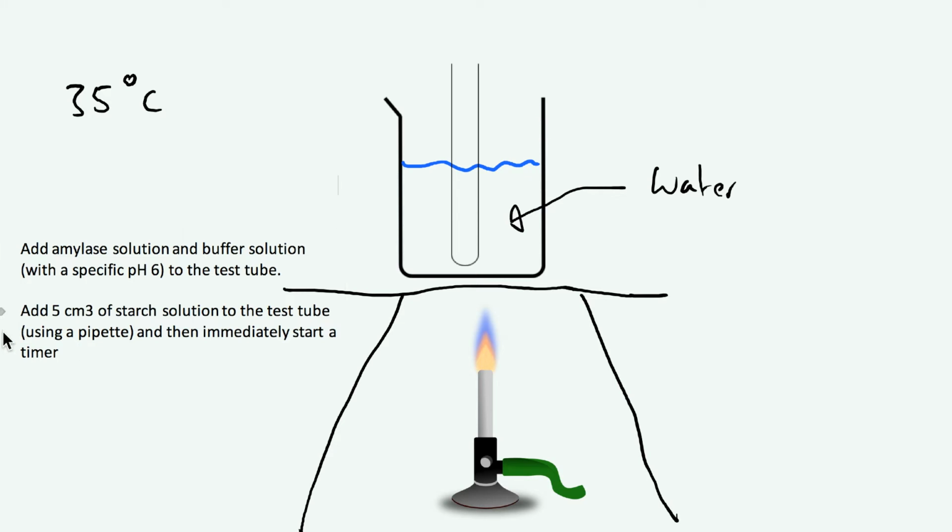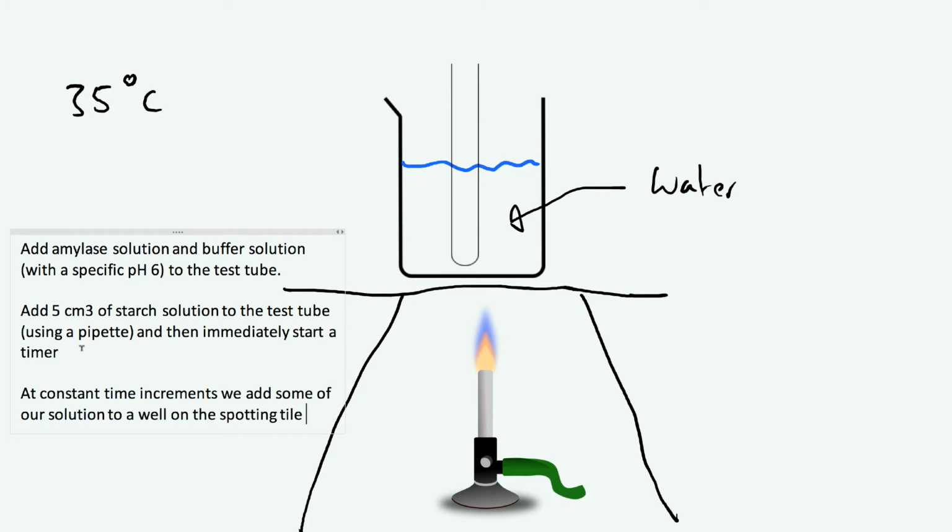Okay, so at constant time increments, we add some of our solution to a well on the spotting tile. Okay, and so we add a very small amount of our solution. So let's say inside our test tube, we've got our solution.